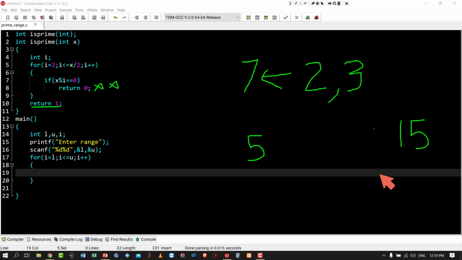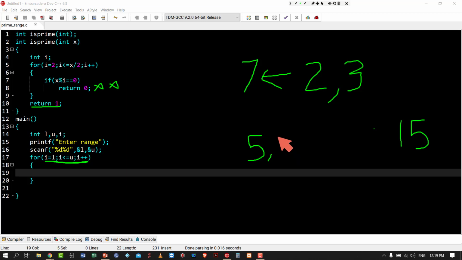What are the possible I values? Just look at the for loop and say the possible I values. I equal to L means I equal to 5. Here U means 15. So what are the possible I values?